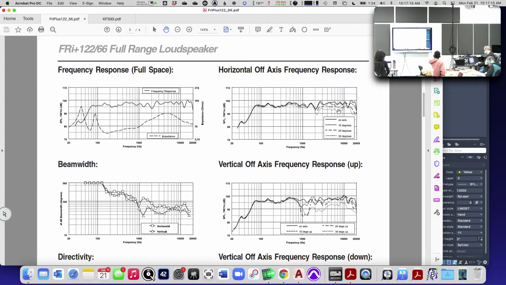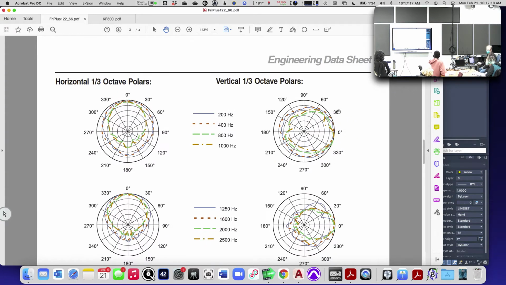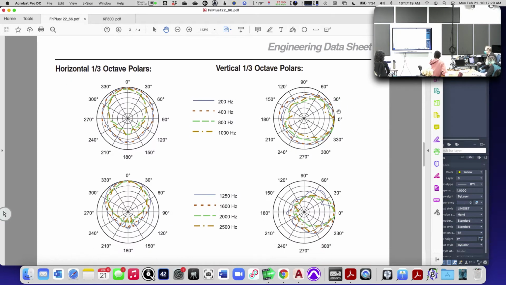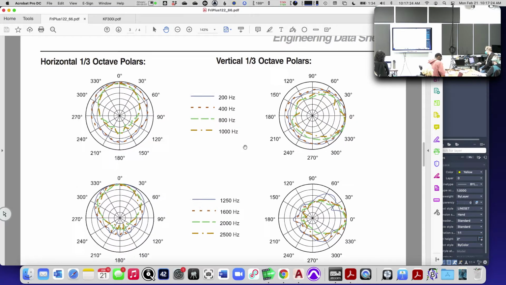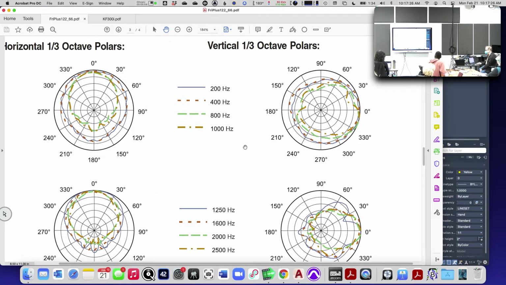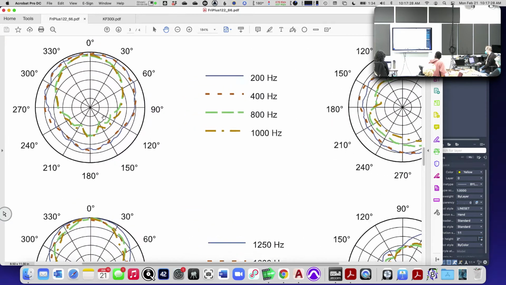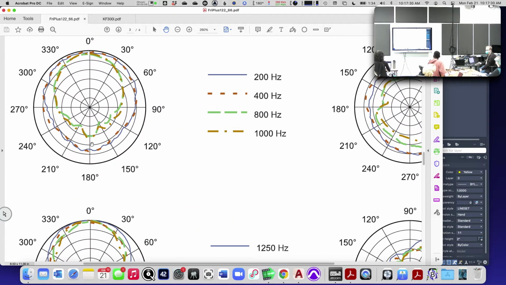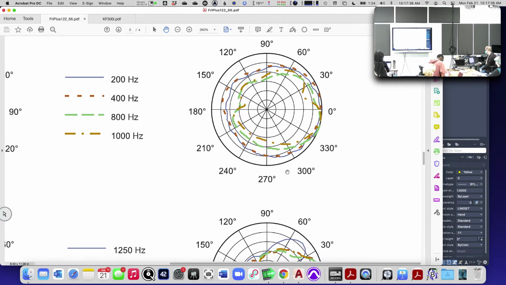So that's the good news, so far this loudspeaker is behaving the way you would expect. Here are the polar plots. Now, in order to not make this a 30-page spec sheet, they have superimposed several polar plots on top of each other, and they're using dashed lines and colors to plot different frequencies.